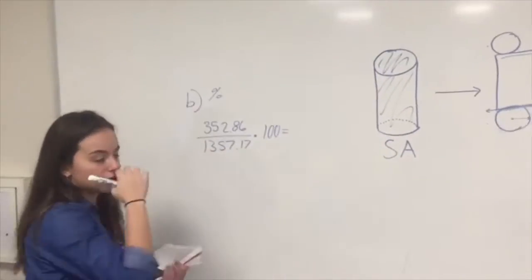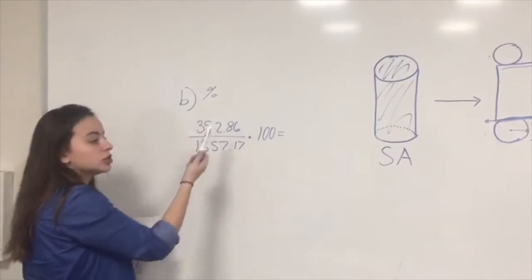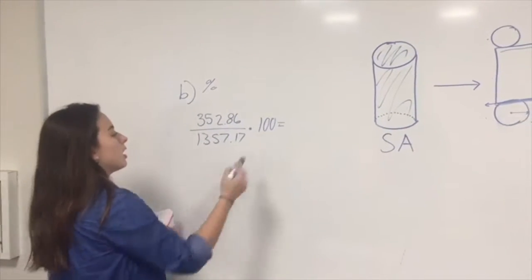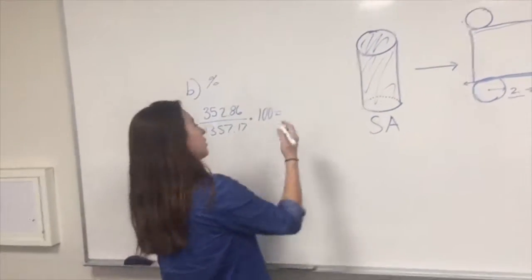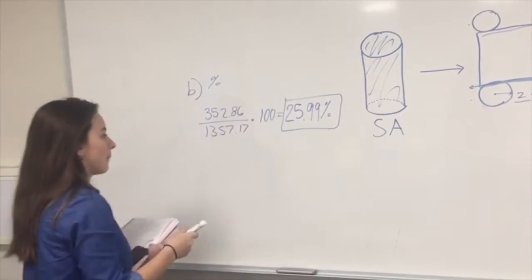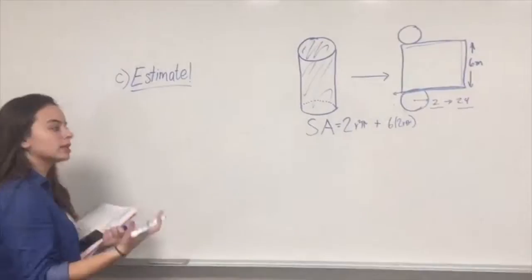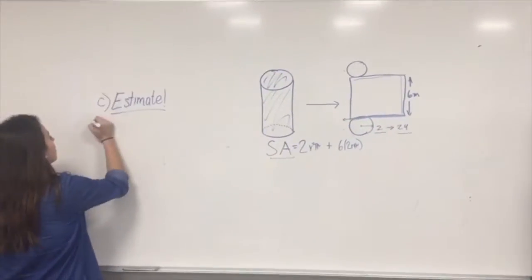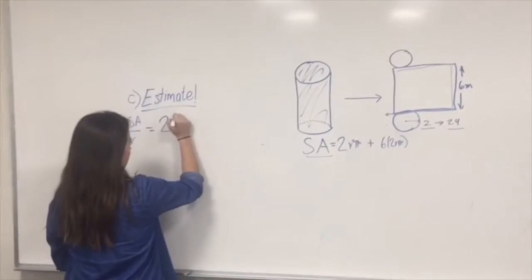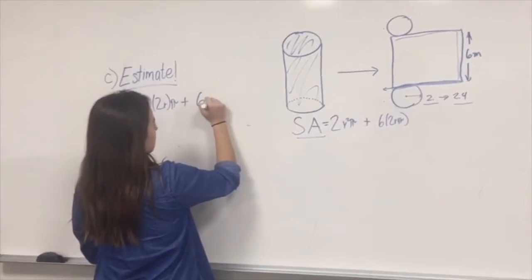To get the percentage, you need to divide our result by the original price of cylinder number 1 and then multiply it by 100. And the answer will give you 25.99%. To estimate, we're going to use the formula that we used before, but we're going to derive it and then multiply it by the differential of the radius.